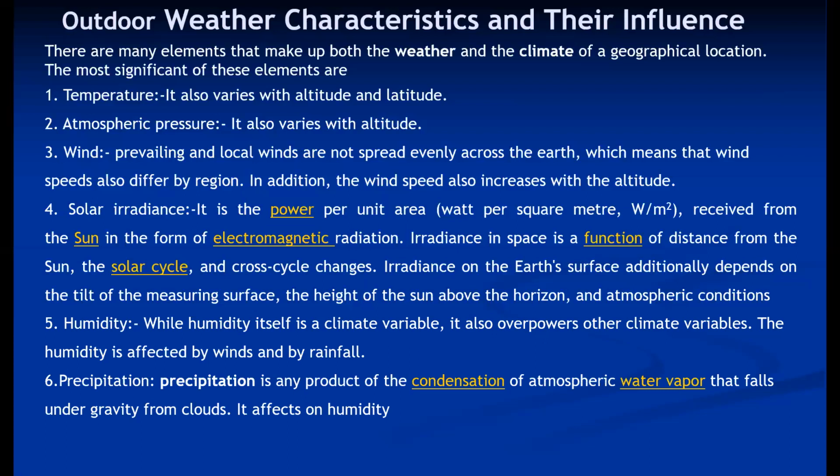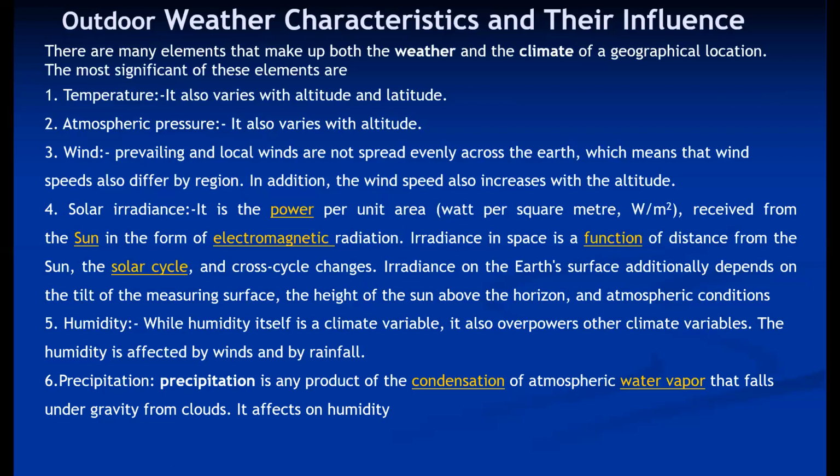Then precipitation is any product of condensation of atmospheric water vapor that falls under gravity from clouds. It affects humidity, because precipitation means the rainfall. Again, it is seasonal. Mainly because of low pressure zones, rainfall happens.